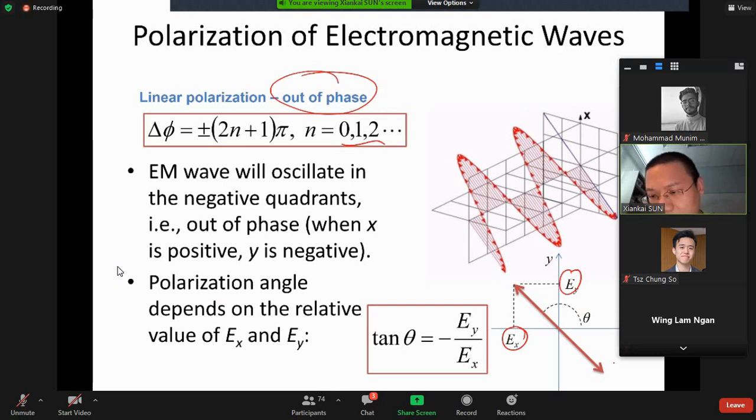And when Ex is positive, then Ey is negative. So they always have opposite signs. So here tangent theta is equal to minus Ey over Ex. Okay?